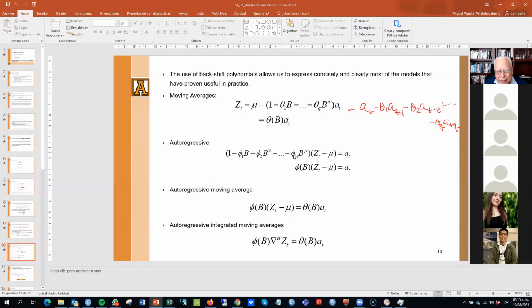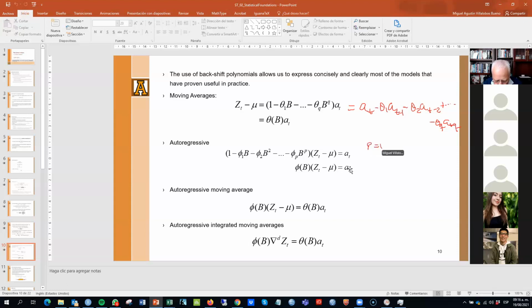This is an autoregressive model. An autoregressive model is of the form of a backshift polynomial, phi of B, applied to Z_t minus mu, where I also subtract the mean, equal to white noise. Let's look at the case where p is equal to 1, to avoid writing that much.